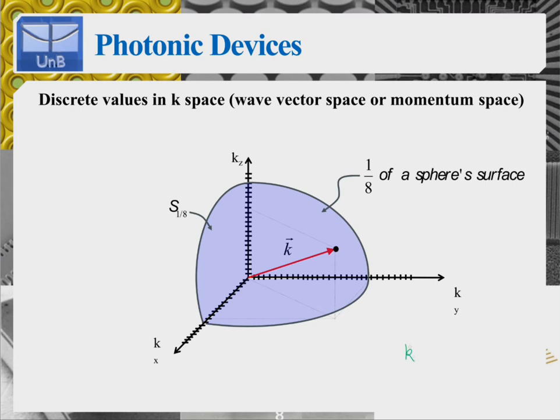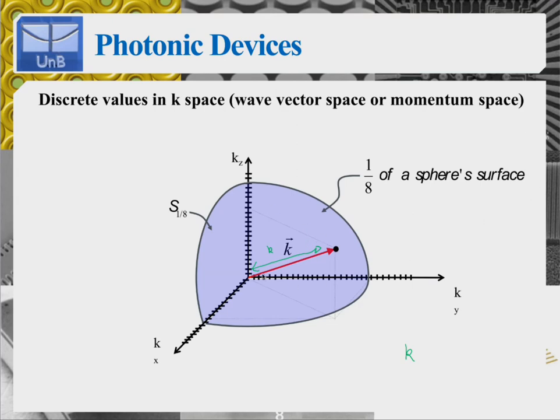Well, they're going to be exactly at the surface of a sphere with radius K. Let's say that this is vector K, so this magnitude here is K. If you define a sphere centered at the origin, the points at the surface of this sphere are those whose wave vector magnitude is exactly K.